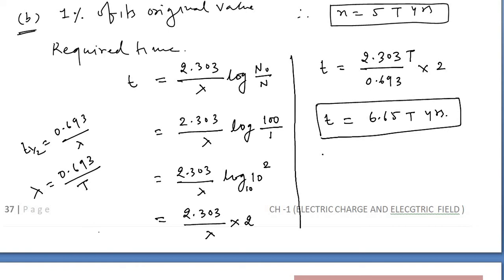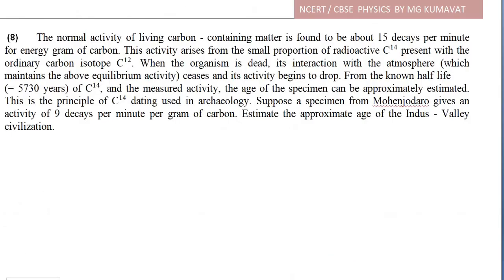Okay, next. Our next numerical 8. Normal activity of living carbon containing matter is found to be 15 decays per minute for every gram of carbon. This activity arises from a small proportion of radioactive C14 present with the ordinary carbon isotope C12. When an organism is dead, its interaction with the atmosphere ceases and its activity begins to drop.